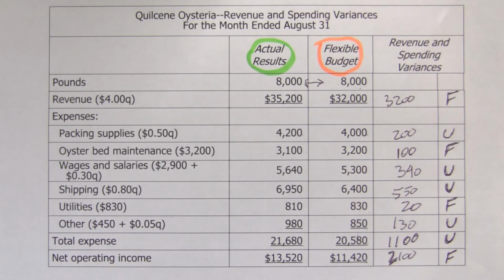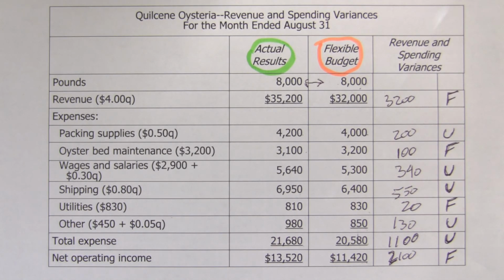So that's the concept. Did you make more money? Yes. Did you make more money than you expected to at that level of output? Yes. That's the value of a flexible budget. So you're looking at revenue and spending variances, not just activity variances. Because if you're looking at just activity variances, if you do more, you're probably going to spend more and make more.